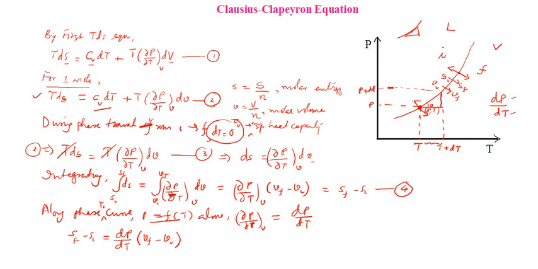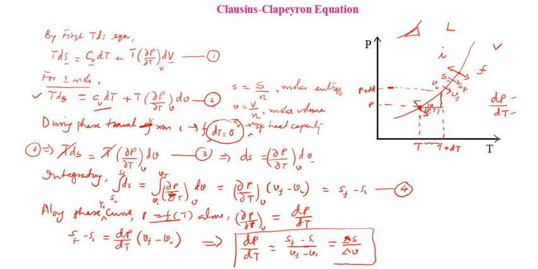Or rearranging this, I will get dP/dT equal to Sf minus Si divided by Vf minus Vi, or simply ΔS divided by ΔV. This equation we have arrived at is known as the Clausius-Clapeyron equation, also known as the first latent heat equation when rewritten in terms of the latent heat of the corresponding phase transitions.